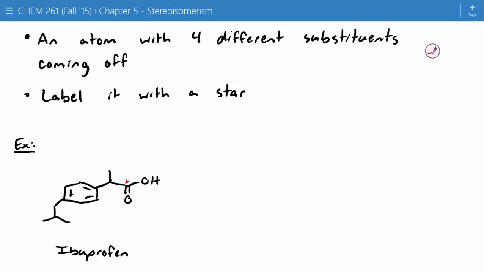What about this carbon? No, it doesn't have four substituents. What about that carbon? Yes. Yeah, exactly. So if we look at this carbon, we've got a methyl group on one position. We've got an assumed hydrogen. We've got a carboxylic acid, and then we've got this benzene ring coming off. So this would qualify it as a stereocenter.